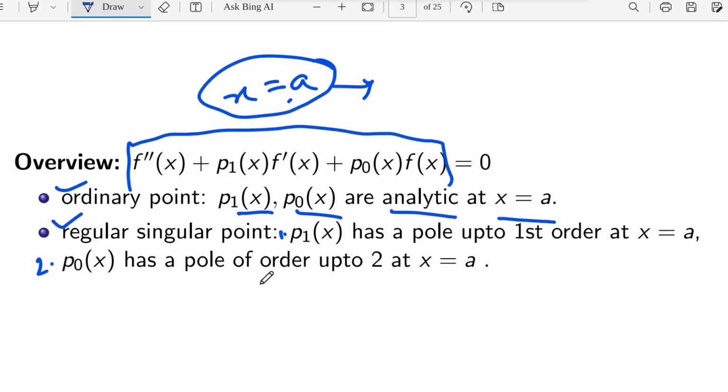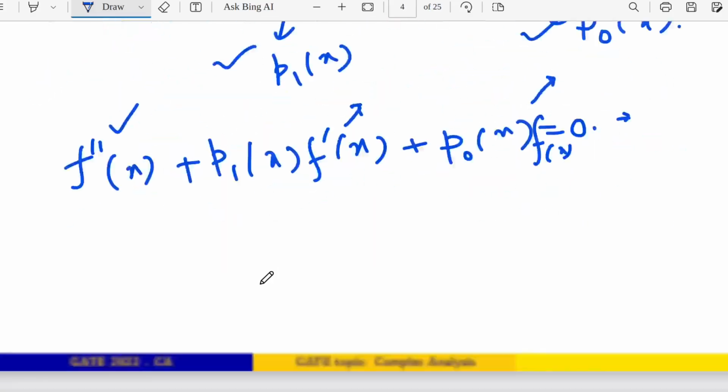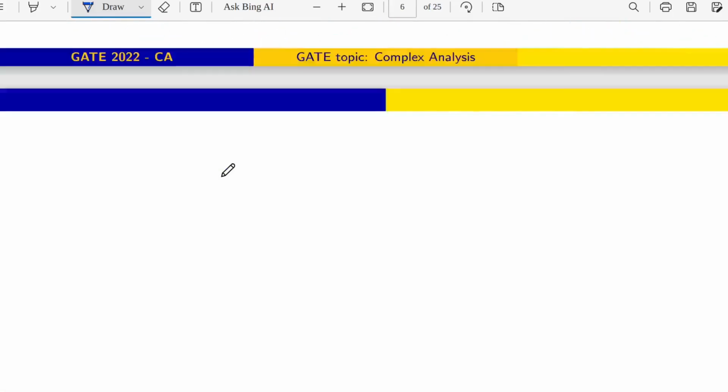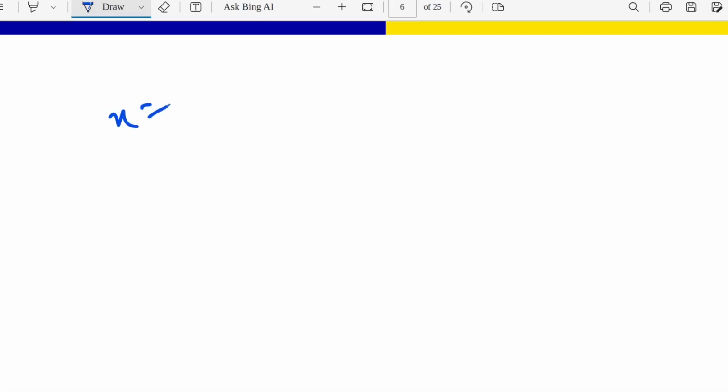See, in that condition what I have written here, P1x has a pole up to first order at x equals to a and P0x has a pole of order up to 2 at x equals to a. So a means I got 2 points, one is x equal to 1 and another one is x equal to minus 1.